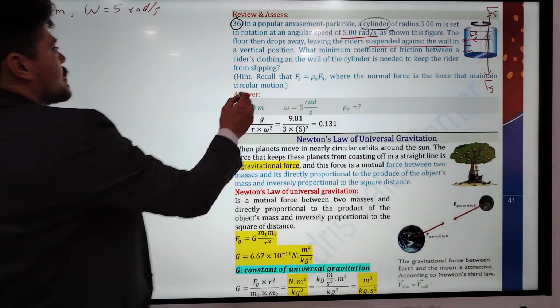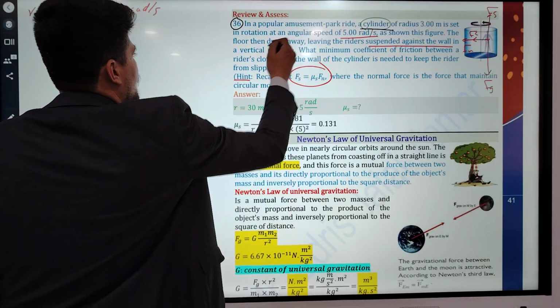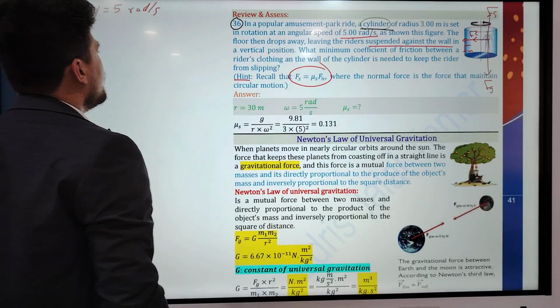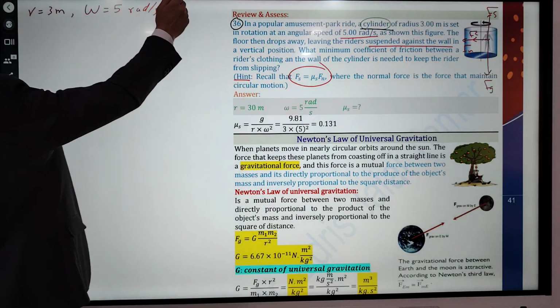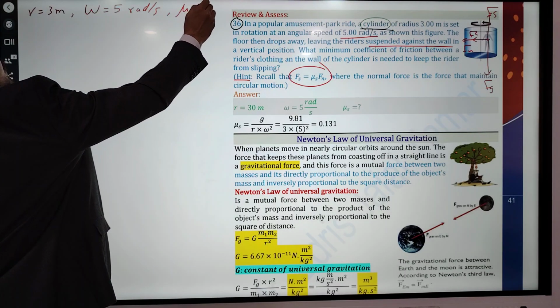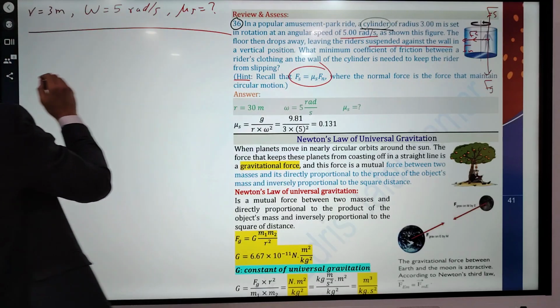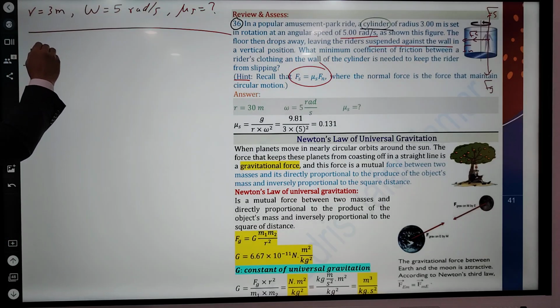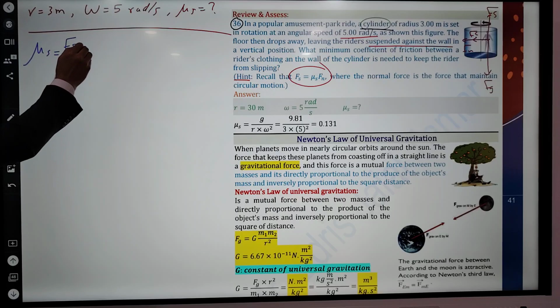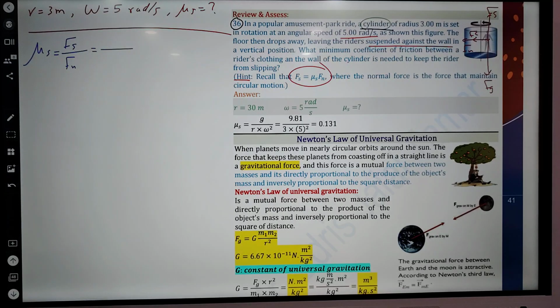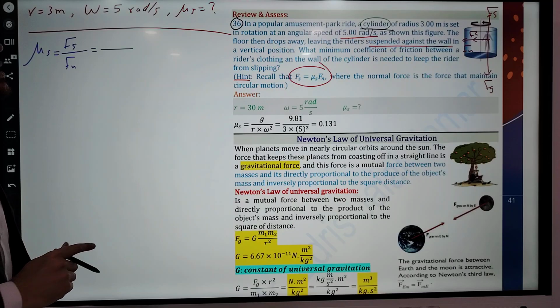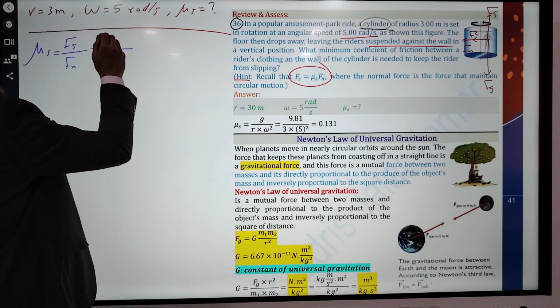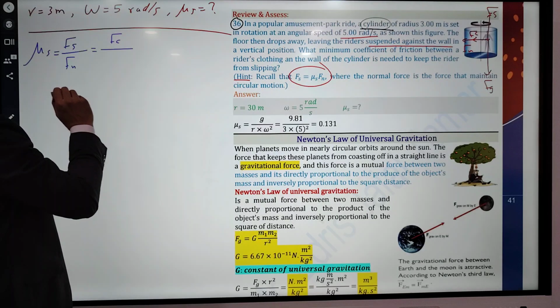Okay? So there is a hint here. Fs is equal to mu s times Fn. So what is unknown? Mu s is unknown. How can you find mu s? As you know, mu s is equal to Fs over Fn all the time. But in the case of the cylinder, Fs is equal to what? Fg.